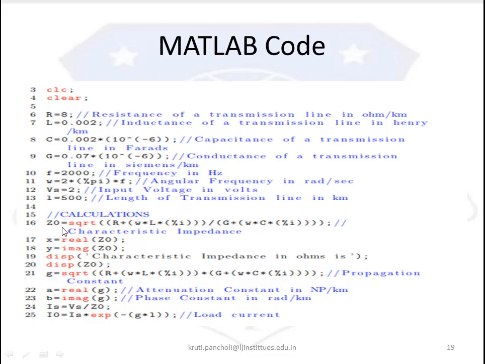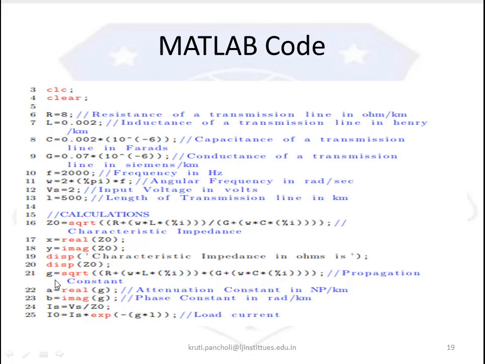Now the calculation for Z0: it is the square root of R plus j omega L upon G plus j omega C. The real part of Z0 is X, and the imaginary part of Z0 is Y. So now we have the characteristic impedance of this particular line, Z0, and we can also find the propagation constant gamma.